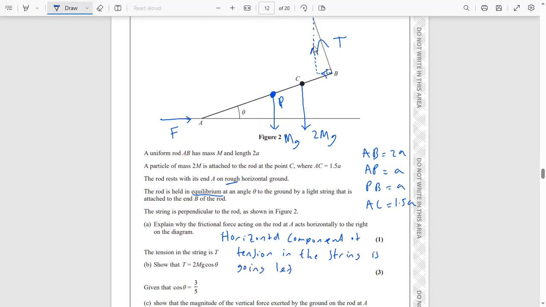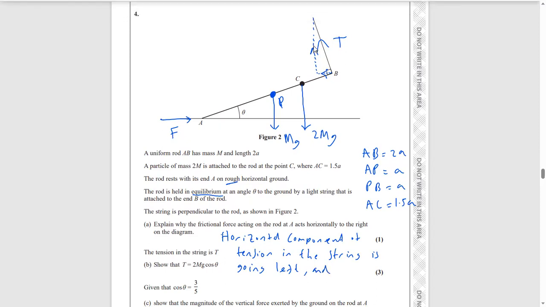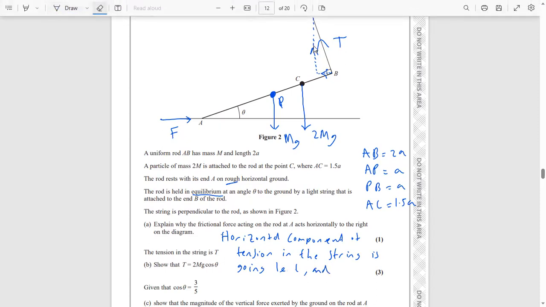So again, as we can see in the rod, we've got a component of tension horizontally going to the left. And since the rod is in equilibrium, sorry, let me write my words as neat as possible.